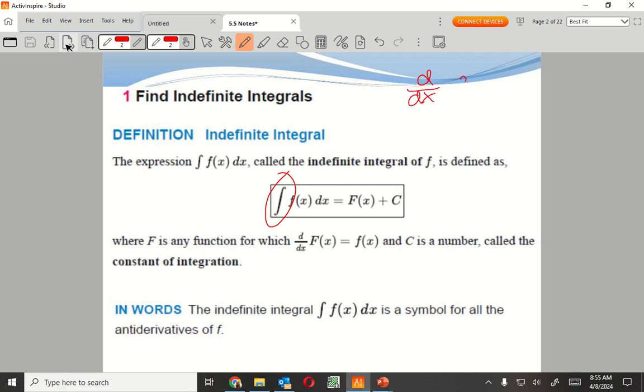If I took a derivative and I had, let's say, 3x plus 2, the derivative of that is just 3. But now remember, if I take the integral or the antiderivative, it's got to go back up. The plus 2 is now gone, so when we take the antiderivative, I need to account that there is some constant there.